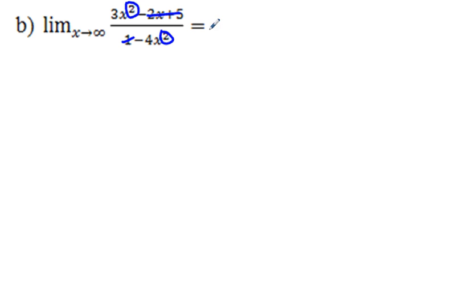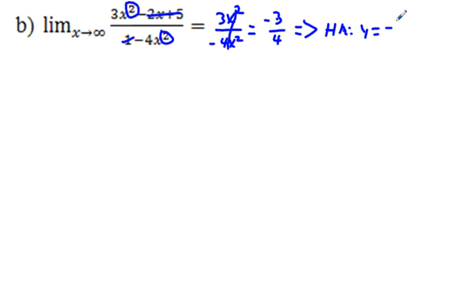And so essentially what we have is 3x squared over negative 4x squared. And of course, x squared over x squared will cancel. So we're going to have negative 3/4. That will be our limit as x approaches infinity, which equals our horizontal asymptote. So our horizontal asymptote is y equals negative 3/4.